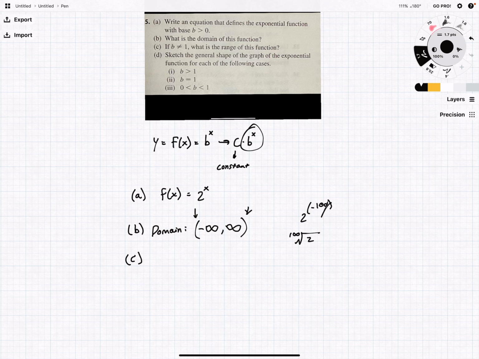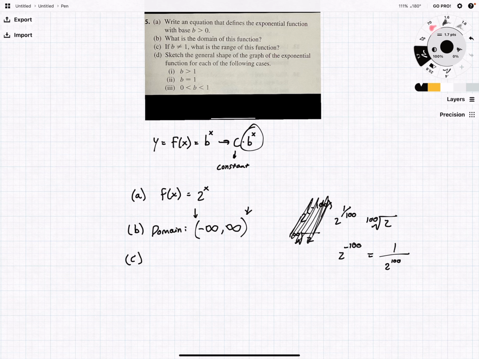Sorry, that's not right, 2 to the 1 over 100 would be the 100th root of 2. I knew something looked wrong there. 2 to the negative 100 is equal to 1 over 2 to the 100. So that's an extremely small number, right? Anyways, you can see that number is approaching 0.